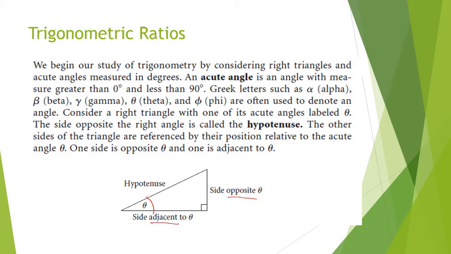We have the adjacent, that means beside your angle, and we have the hypotenuse, which is the longest side of your triangle. This is very useful for us to derive the different trigonometric ratios.